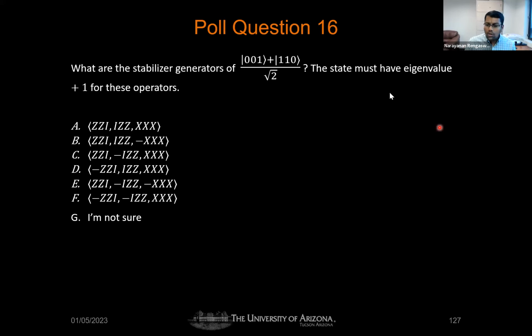And even outside error correction, stabilizers are important if you're thinking of simulating a quantum computer, right? So how powerful is a quantum computer? And when does it go beyond the reach of a classical computer? This is the problem of classically simulating quantum computers.